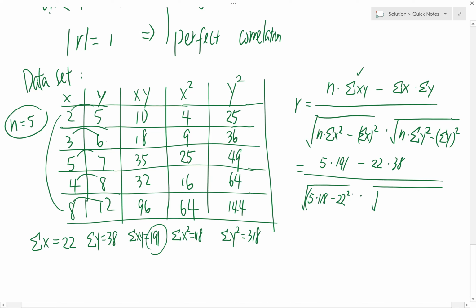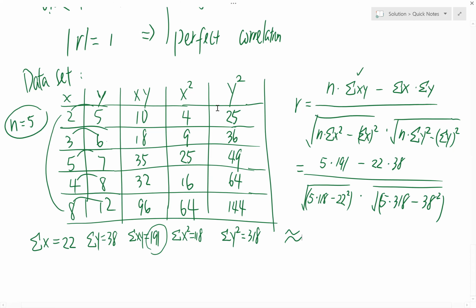If you want to put this in the parentheses, that's fine. And n sample size 5 times summation y squared 318 and minus summation y 38 squared. Again, we can put into parentheses now, and let's get the Excel do the work for us.